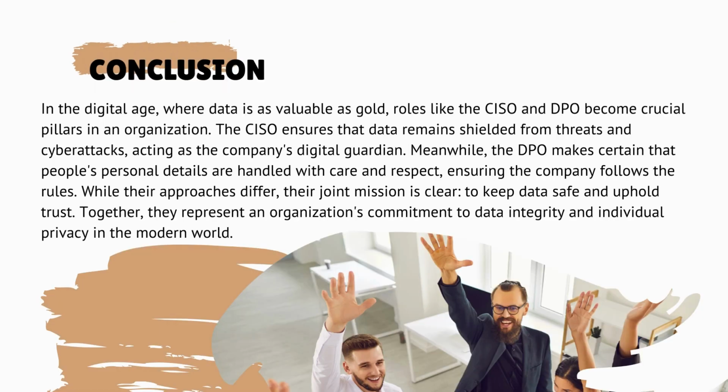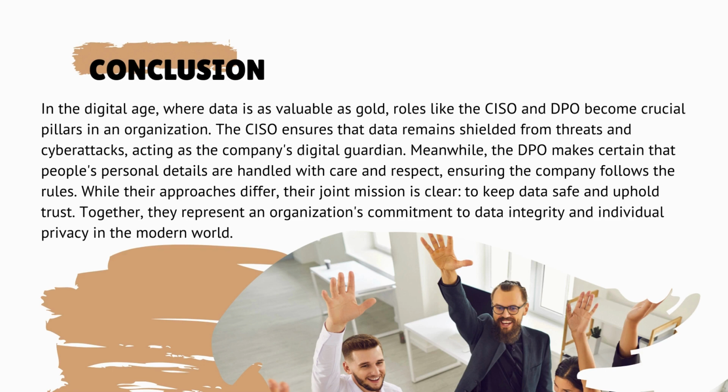In the digital age, where data is as valuable as gold, right? Roles like the CISO and DPO become crucial pillars in an organization. The CISO ensures that data remains shielded from threats and cyber attacks, acting as the company's digital guardian.